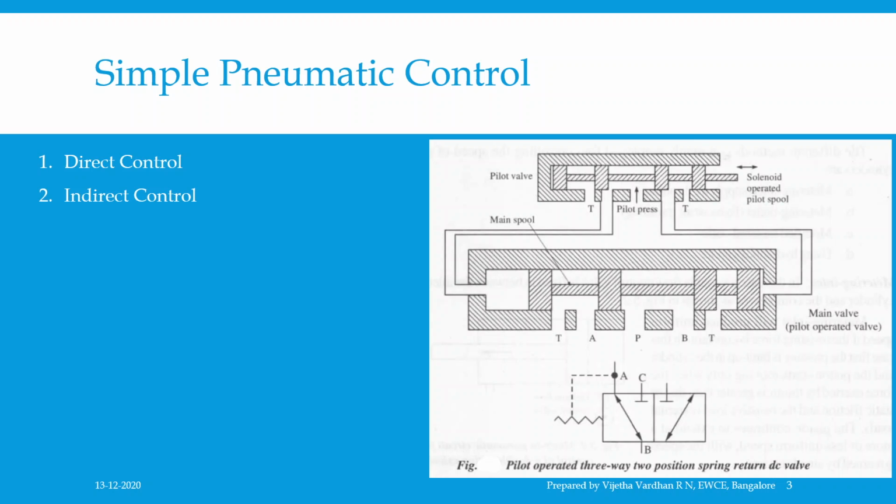Thus, the main function of a pilot valve is to amplify the force applied to actuate the main valve. The figure illustrates the construction and the principle of a pilot operated valve. Direction of motion of actuators is controlled by directional control valves. Speed of the motion of the actuator is controlled by flow control valves.